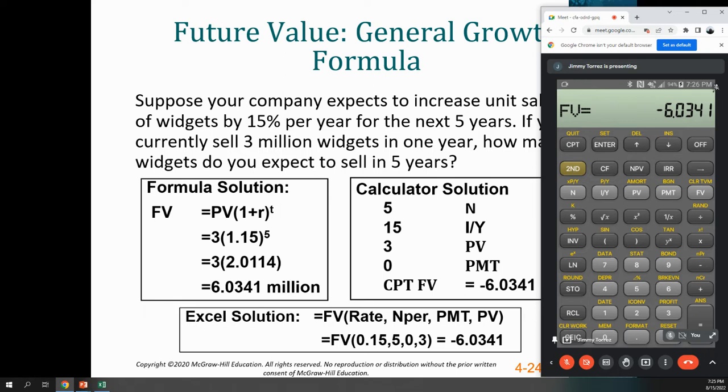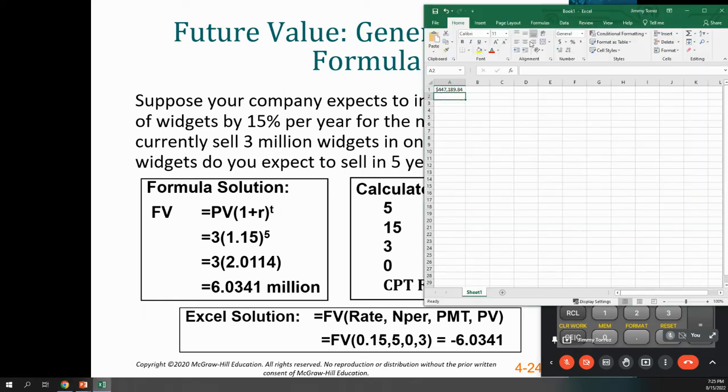So let's go ahead and do this. Well, here, let me erase this so it doesn't get too confusing. Let's go ahead and figure out the future value of how many widgets we're going to sell in Excel. First, I do the rate, which is 0.15. That's 15%. Again, in Excel, you have to do it in decimals. The number of periods is 5 years.